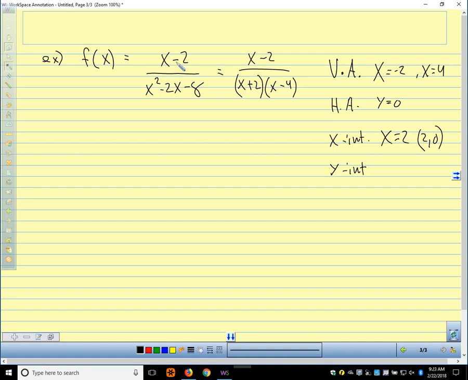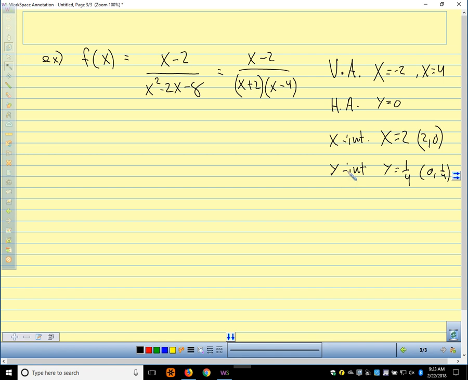Or is it... do I get negative? X equals 0, -2. I get 1/4, right? Y equals 1/4. And if we want to write it as a point, that would be (0, 1/4).